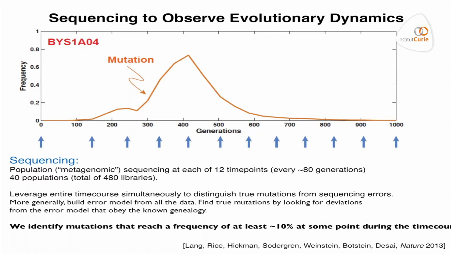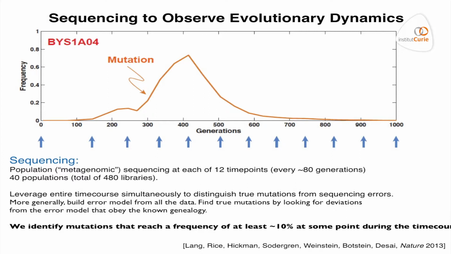And so then we can try to understand what the genetic basis of this adaptation is using a lot of whole genome sequencing. So I'll tell you about some data from an experiment that we published about a year ago now, and then we'll talk about theory, how to understand this. In this data set, we took 40 of these evolving populations, and at 12 time points indicated by these arrows, we just ground up the whole population and sequenced the whole thing.